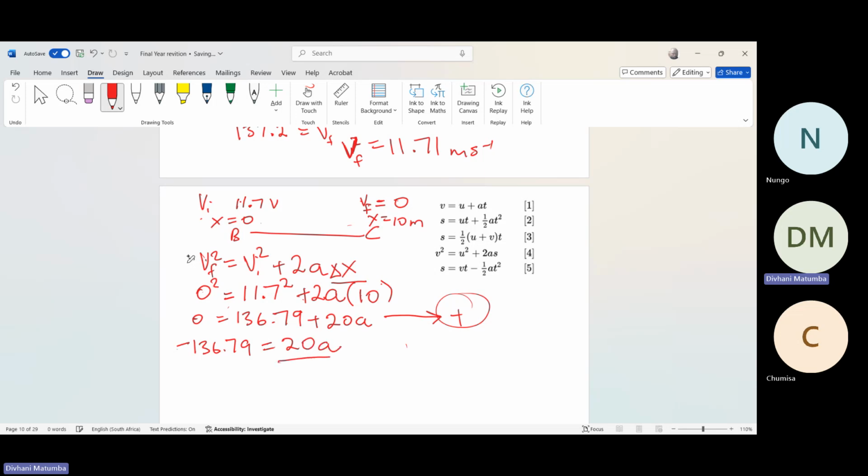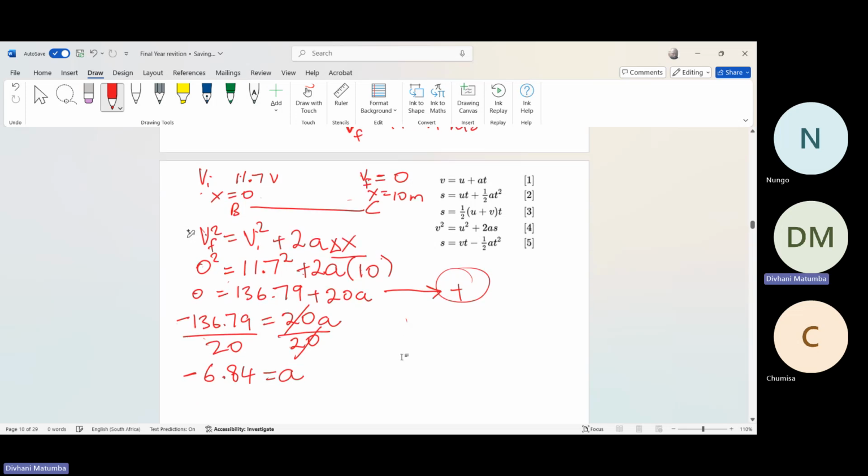If I divide by 20 to get rid of 20, use your calculator and go 136.89 divided by 20. 6.84, which is negative. Yes, negative 6.84. So your acceleration is negative 6.84.